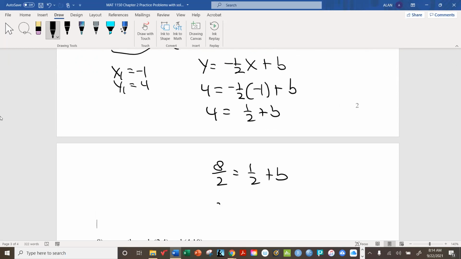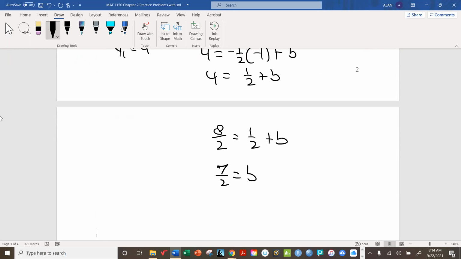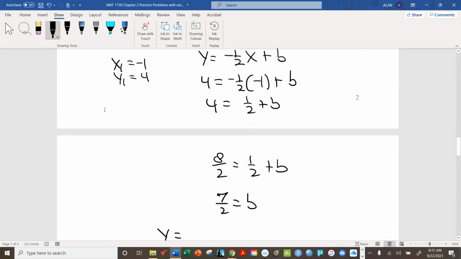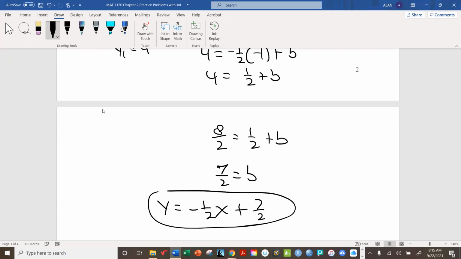Then when you subtract, you should end up with 7 halves. So remember the slope was negative 1/2, plus 7 halves. That's our equation. Beautiful.